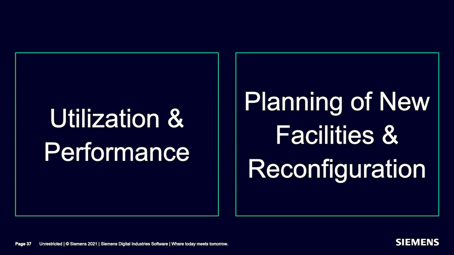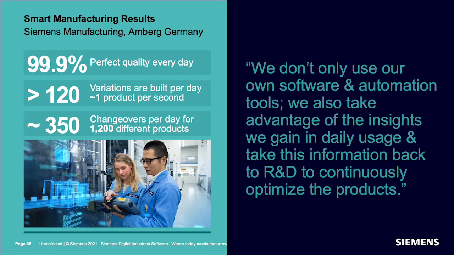We shared two areas in our smart manufacturing portfolio: how the digital twin can increase your utilization and KPIs, and how it can accelerate new plant designs. The smart manufacturing portfolio is broad and covers many additional areas. Here are some of the results our Amberg plant was able to achieve with smart manufacturing.